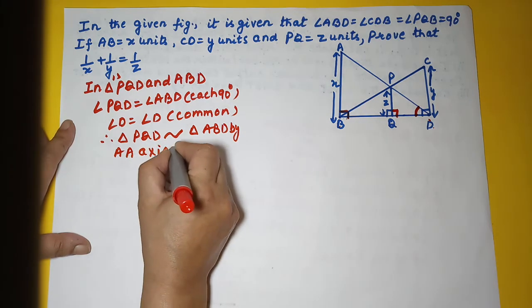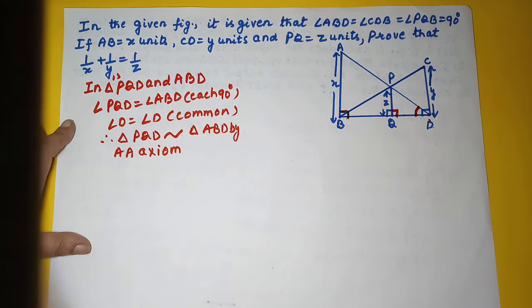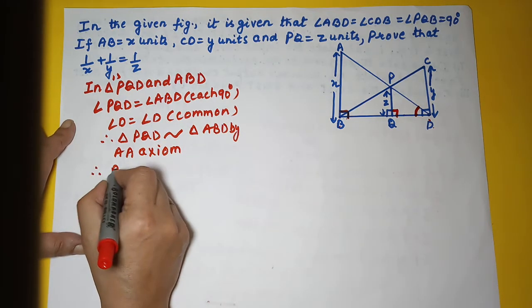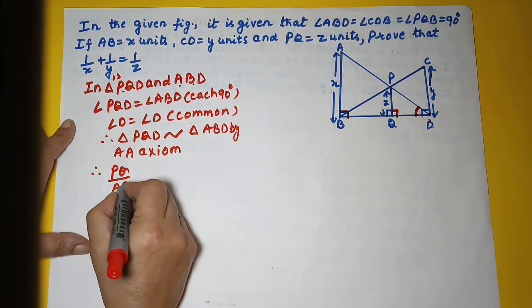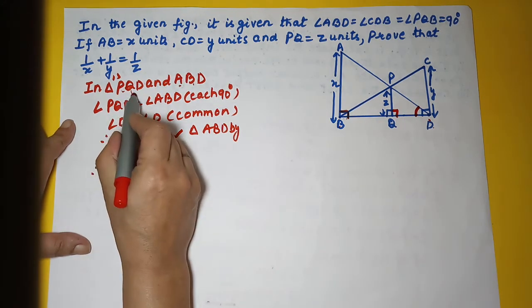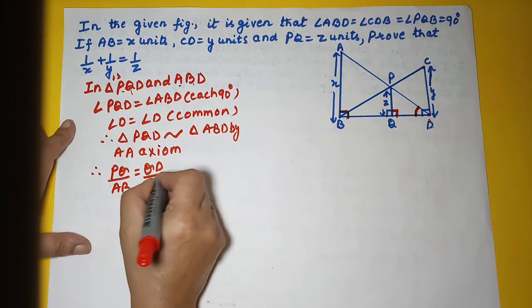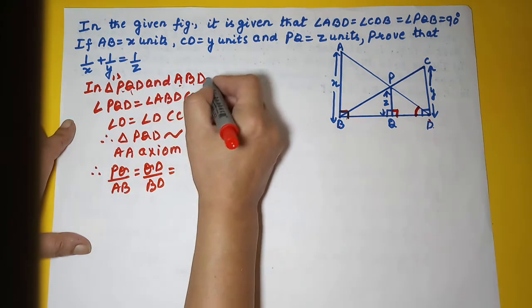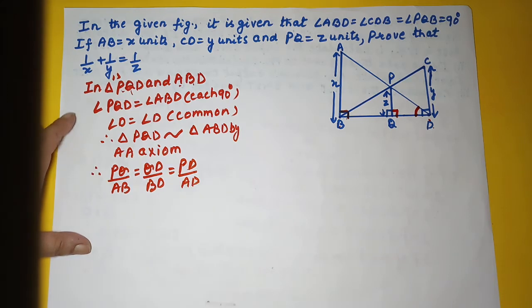So when two triangles are similar, their corresponding sides are proportional to each other. Therefore, PQ upon AB is equal to QD upon BD is equal to PD upon AD. Right?